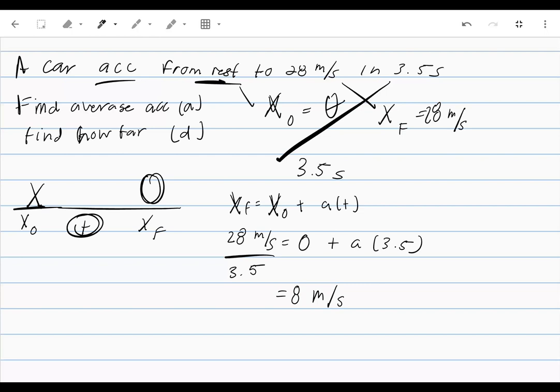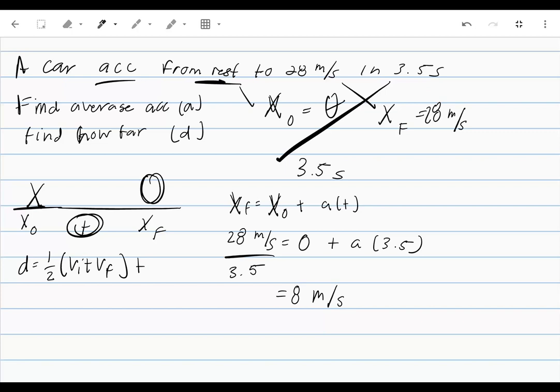And then you want to find how far your car went, which in this case you would use the other equation, where d equals 1/2 times v-initial plus v-final, times time.